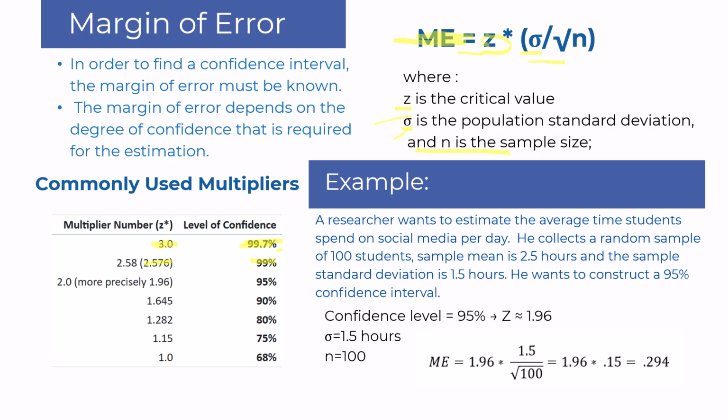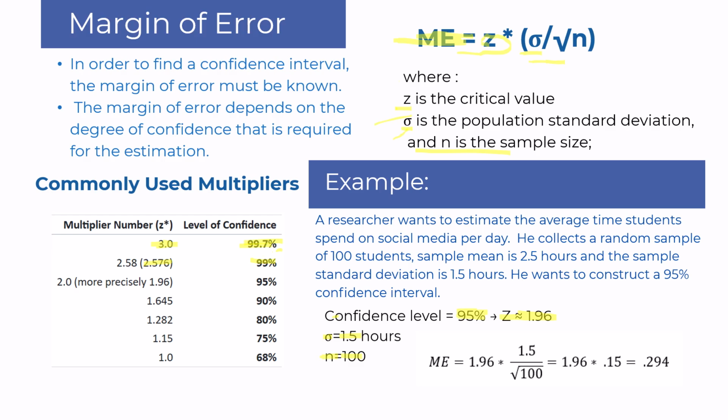So again, let's just compute first for the margin of error. So we know that for the confidence level of 95%, the critical value is 1.96. We know that the population standard deviation is 1.5 hours and n is 100. So to compute for the margin of error, we just use the given formula above.